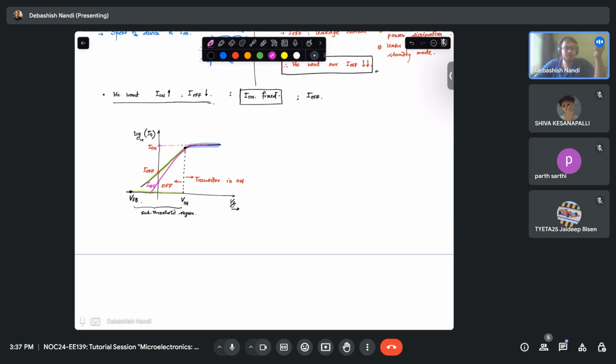I need to design my transistor in a way such that my IV characteristics follow this kind of plot. Now can you tell me what is changing basically between the black line and the pink line? So this is the change we require.